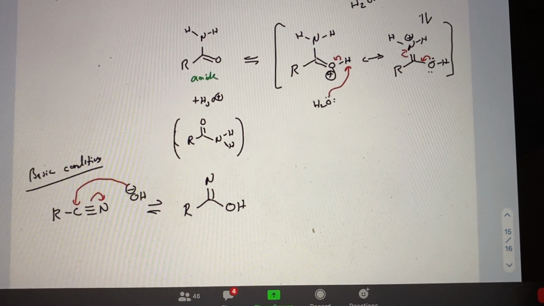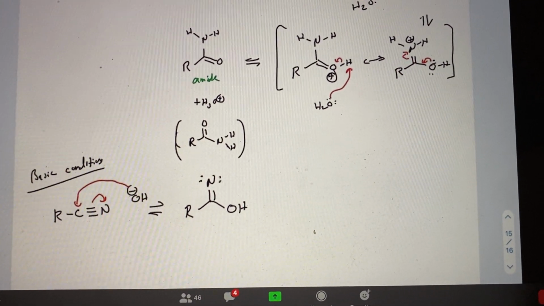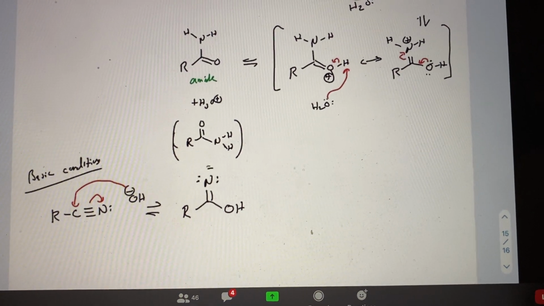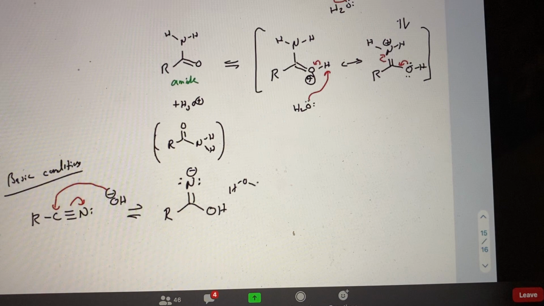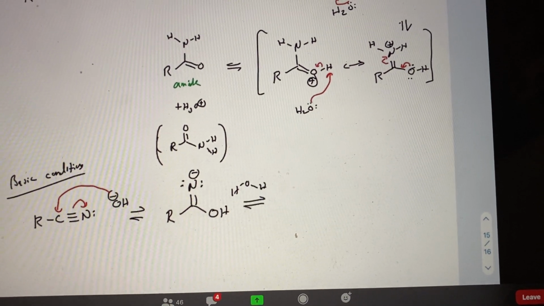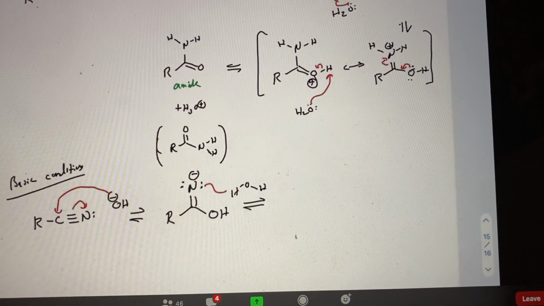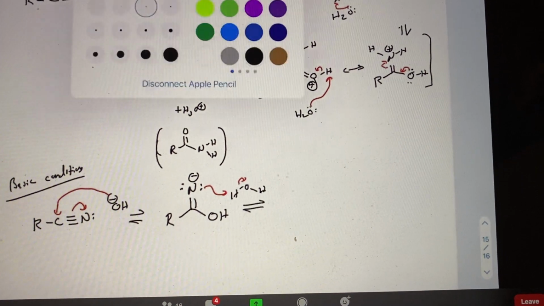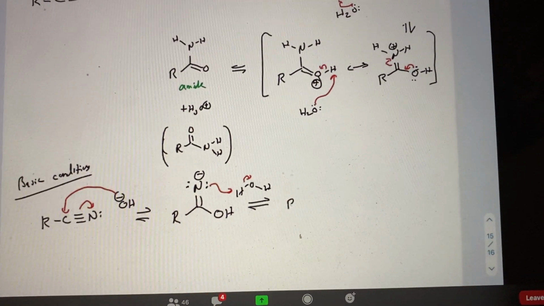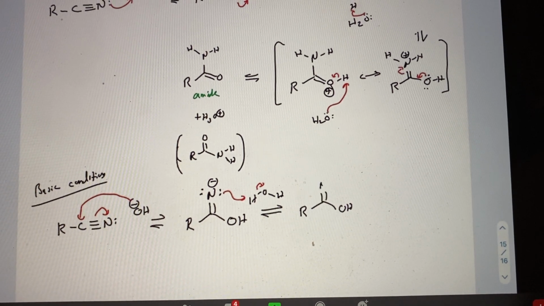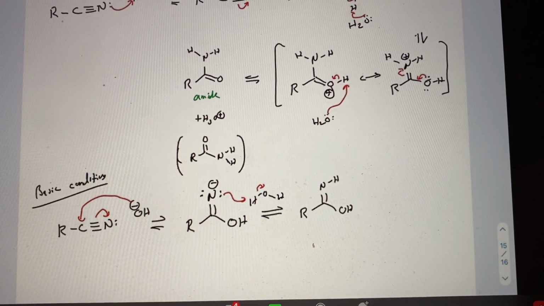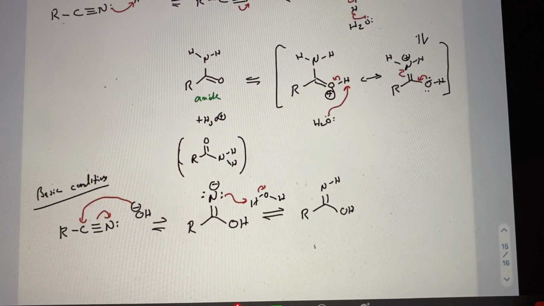We're going to have a highly energetically unfavorable species here. This nitrogen had a lone pair of electrons. It has a negative charge, so this is going to immediately get protonated, forming this species.